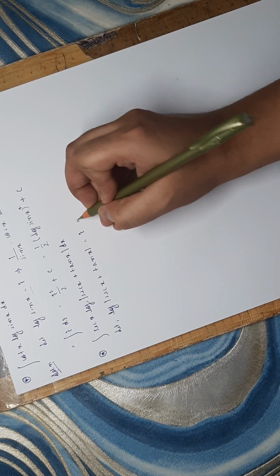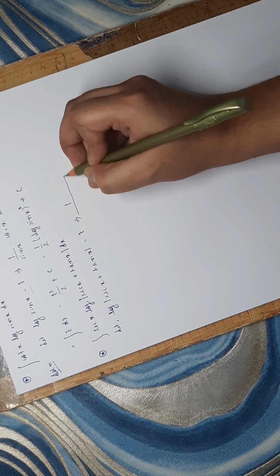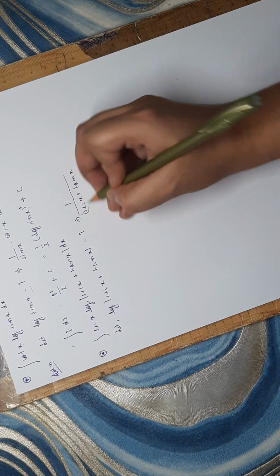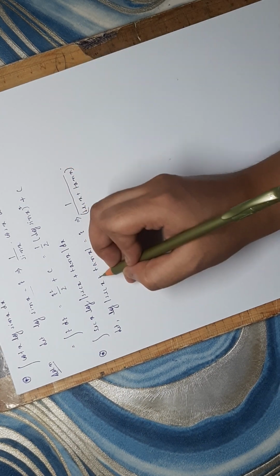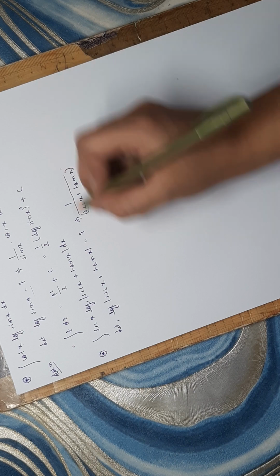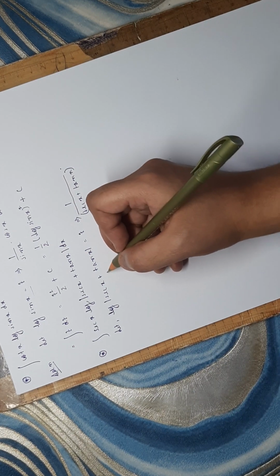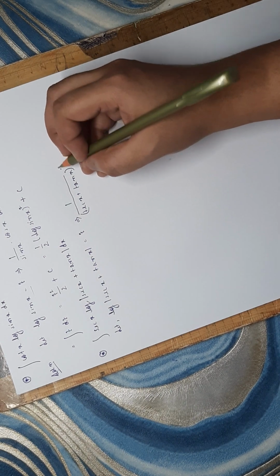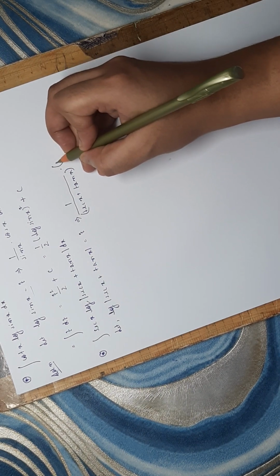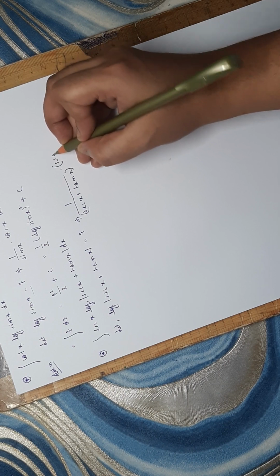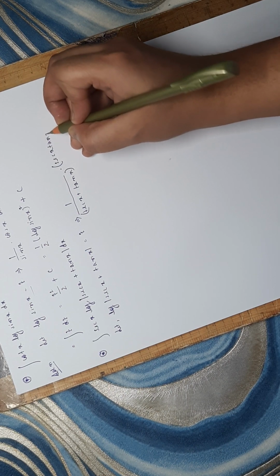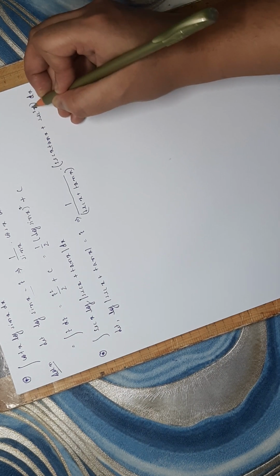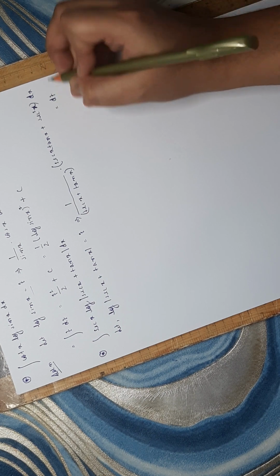If I do that, then what will I be getting? I'll be getting sec x plus tan x in the denominator, and in the numerator I will have to take the derivative of sec x and tan x, which is nothing but the derivative of sec x is sec x tan x and the derivative of tan x is sec square x, and we will be having dx equal to dt.